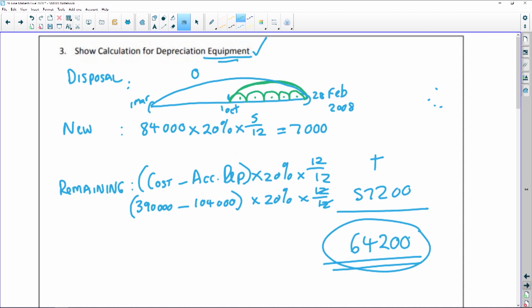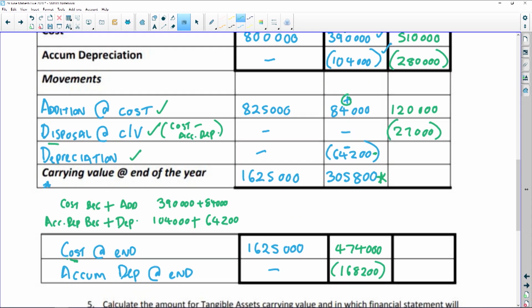So let's take that through. 50,500 in our tangible asset note, and again it must be in brackets because remember the vehicle is losing value. So obviously your carrying value will now decrease when you write off more depreciation.